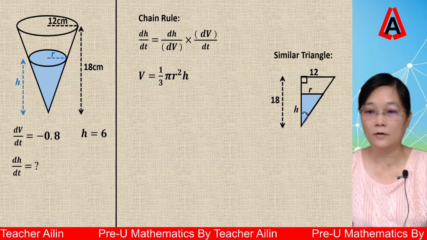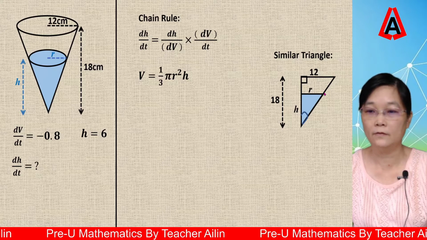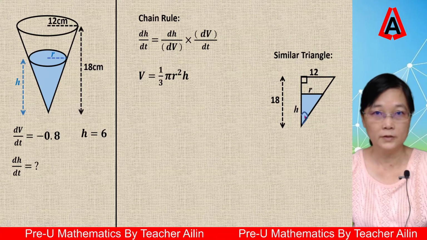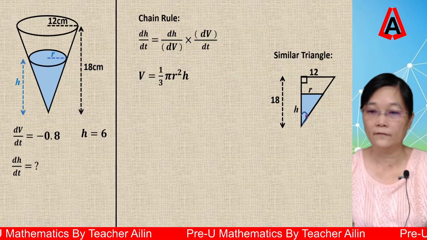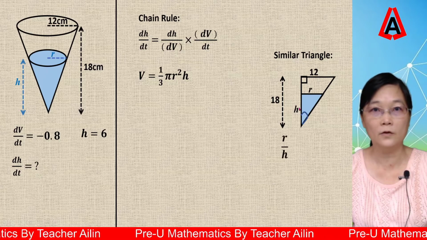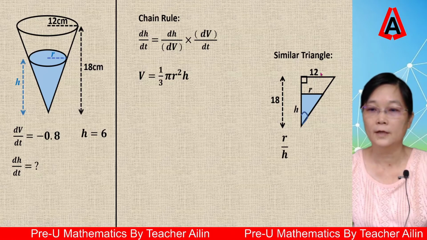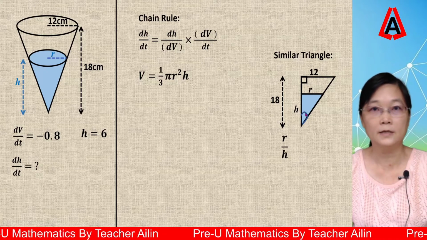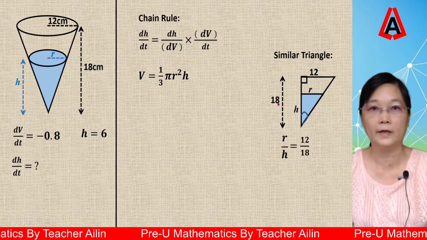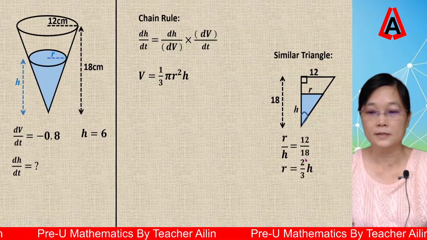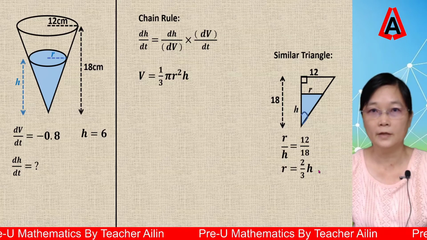And this is the common angle between the water and the cone. For the water, the tangent of this angle is R over H. Compared with the cone, the tangent of this angle is 12 over 18. So when I simplify, I get R is equal to 2/3 H.